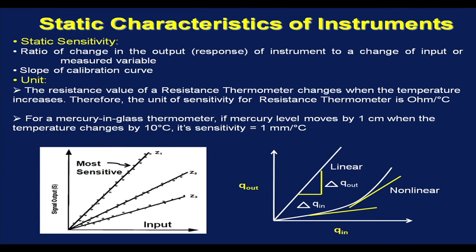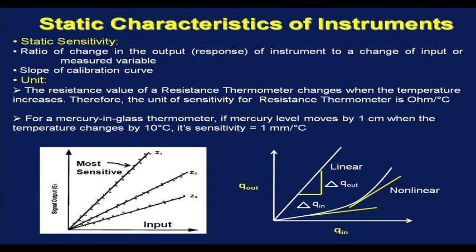So, obviously, the unit of sensitivity for a resistance thermometer will be unit of resistance divided by unit of temperature. So, it may be ohm per degree Celsius.